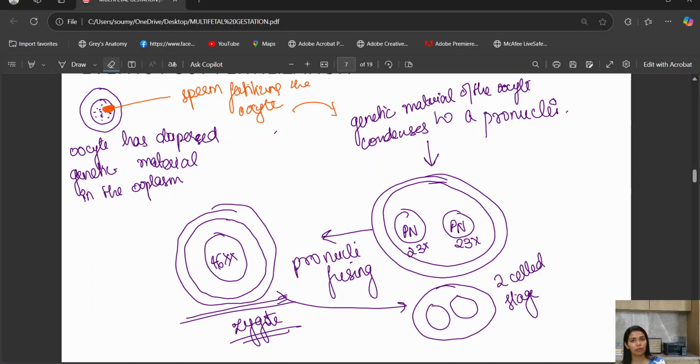When they fuse, they form a zygote, and this zygote has obviously a 46XX propensity, and now this zygote will further divide and form two cells within it, and this is called the two-celled stage. Now let me go on further.